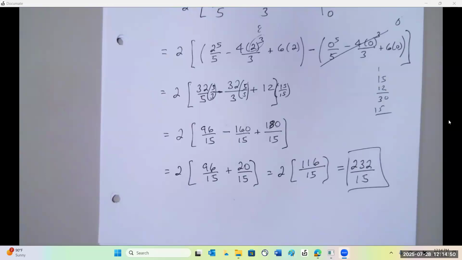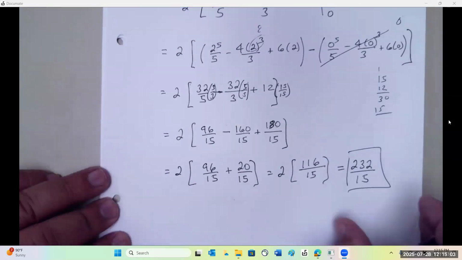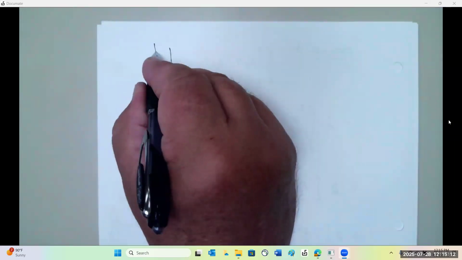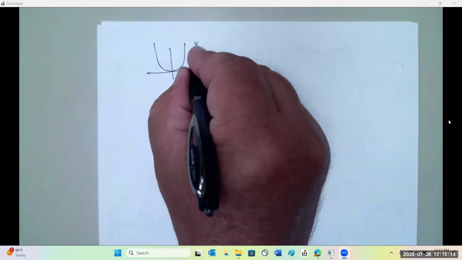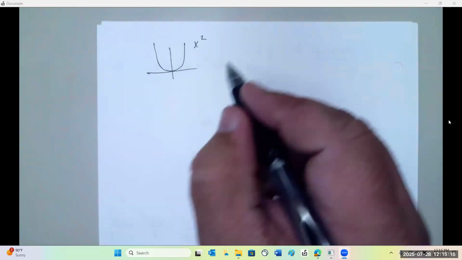Basically, what I'm asking is, in order for a function to be an even function, does it always have to have a constant? No, an even function is just even exponents, or it's just a constant itself. Because if you think about it, what makes a function even? What makes a function even is symmetry about the y-axis. For example, x squared is an even function.